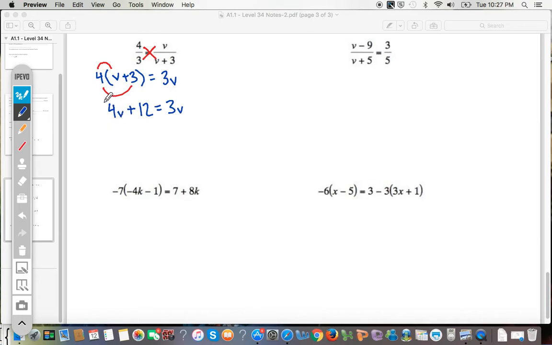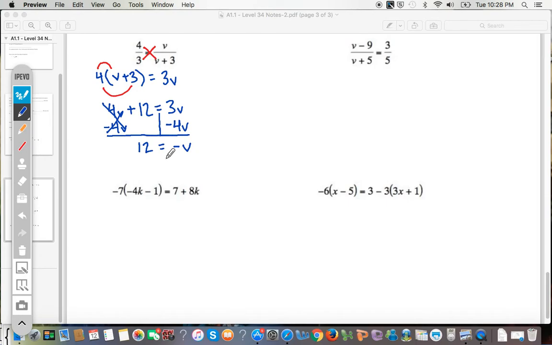So, let me rearrange this. I need to get all my v's on one side, remember? So I'll subtract 4v on this side and subtract 4v on that side. So 4v minus 4v cancels. I'm left with 12. And I have 3v, positive 3v, minus 4v, which we know is negative v.